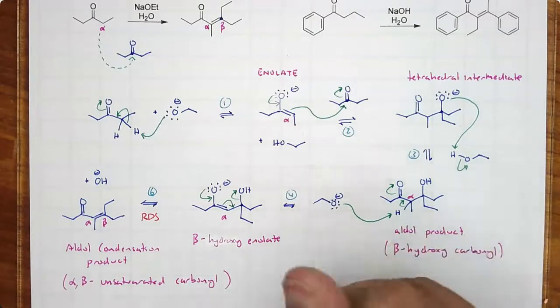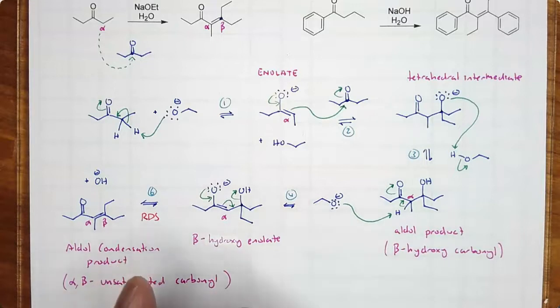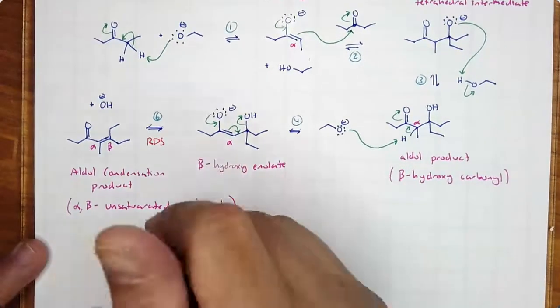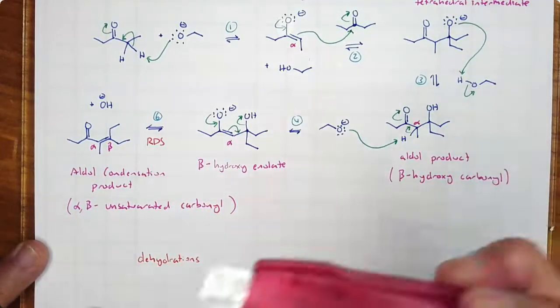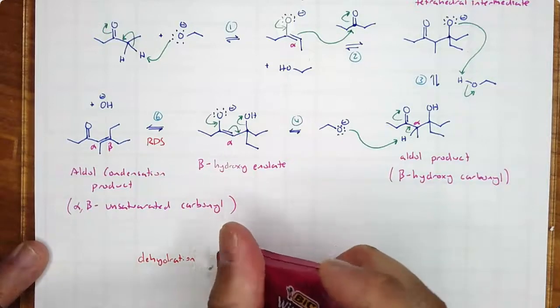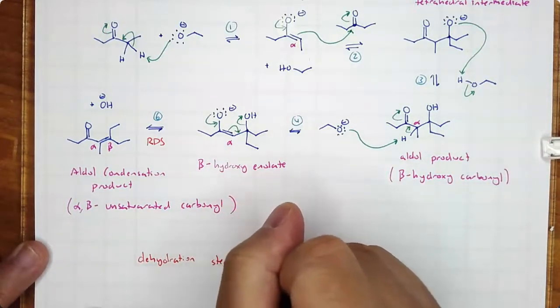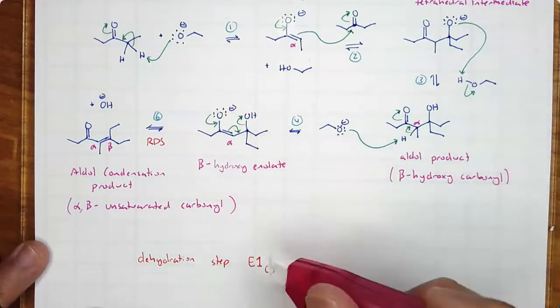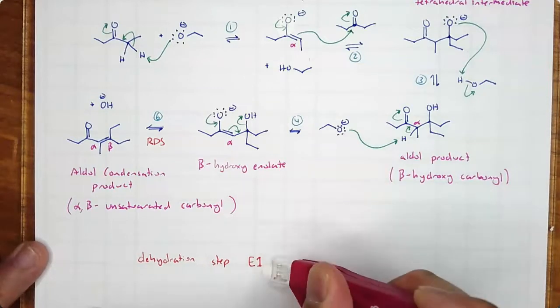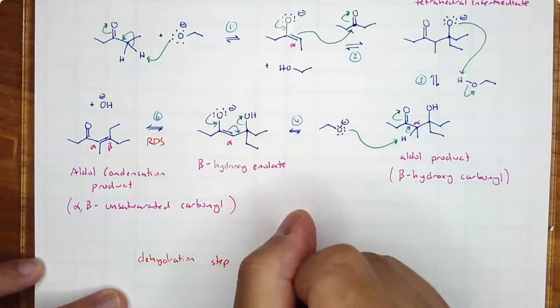So, how do I want to write this? The dehydration step is called an E1CB dehydration step. E1 subscript CB, both a little c and a B. What's going on?